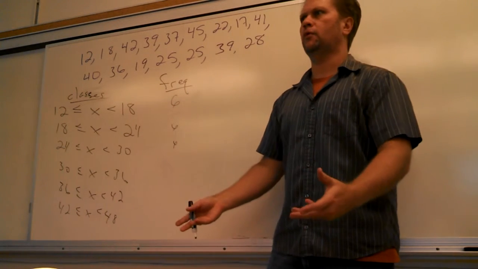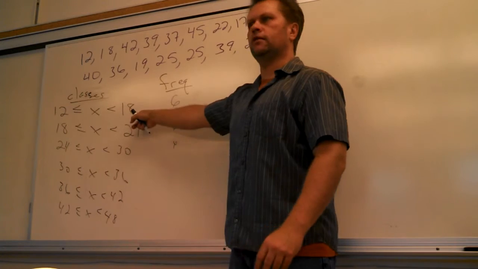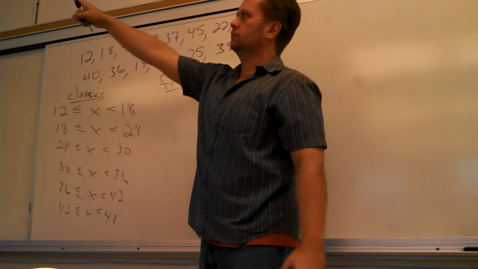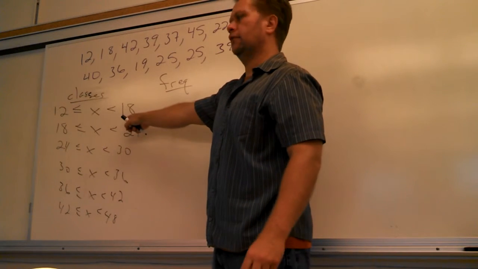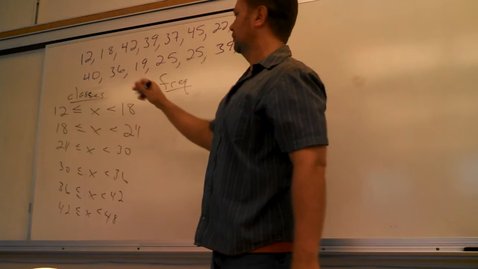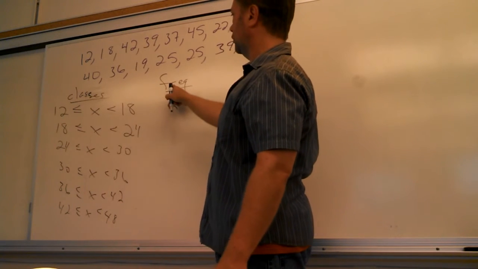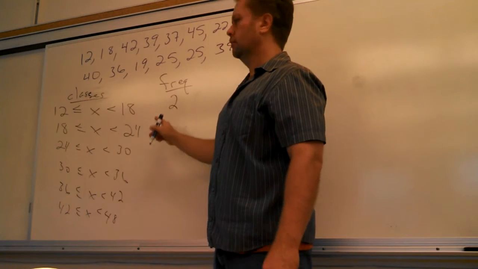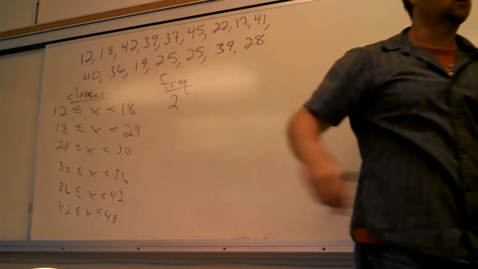Why are they putting 6s everywhere? Because there's 6 things in. No, there's not. How many data points are in here? Be careful. Am I counting 18? 2. Yeah, good. There's only 2, 12 and 17. So there's 2 things. How frequently does something show up in this class? Twice.